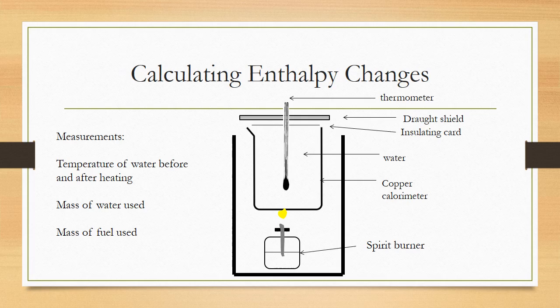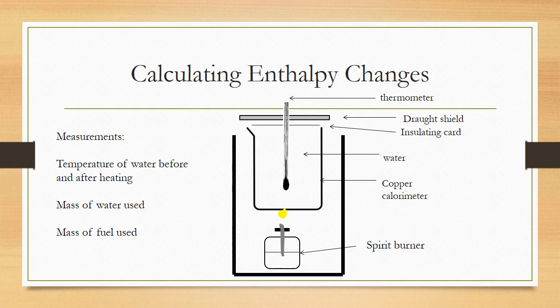So here's an example, and this is the experiment that we tend to use. We use something called a calorimeter. In the calorimeter you have basically a beaker made of copper this time, because copper is metallic and it's going to conduct the heat coming from the spirit burner. Inside this copper calorimeter is water.